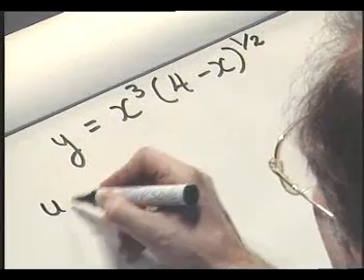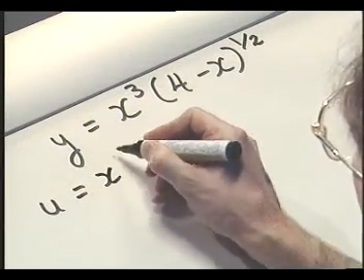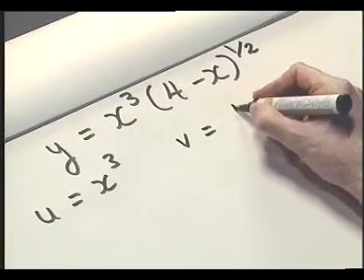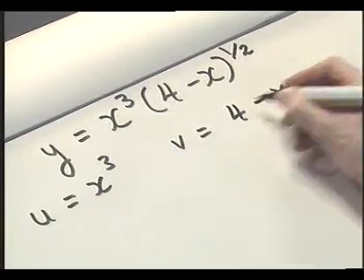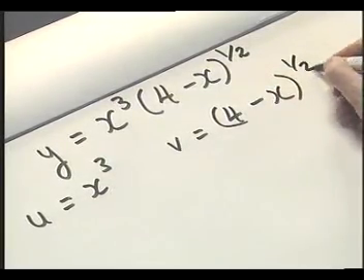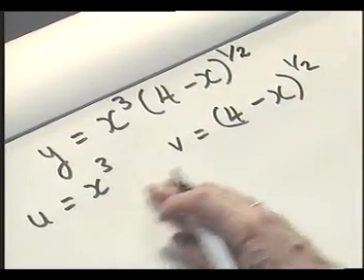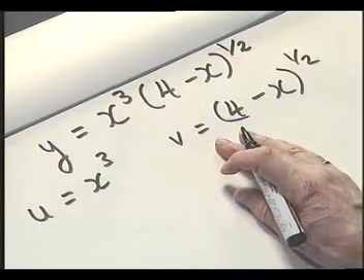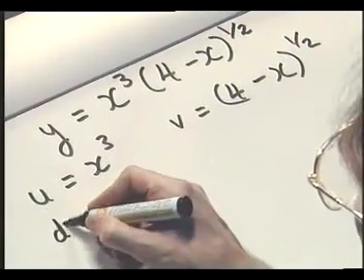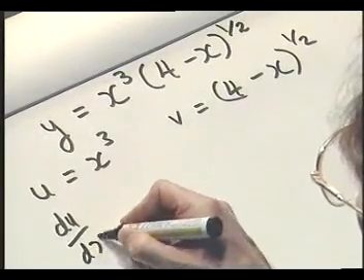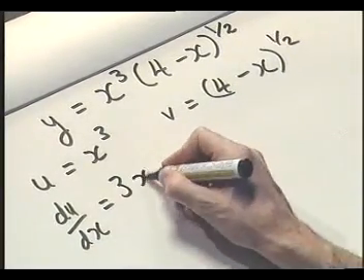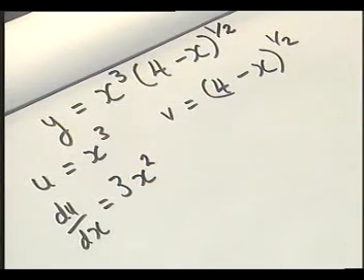So let's try and get into the habit of identifying these functions very specifically. So we've identified the two bits that are being multiplied together to make the product, u and v. Now let's do their derivatives. du by dx is 3x squared.